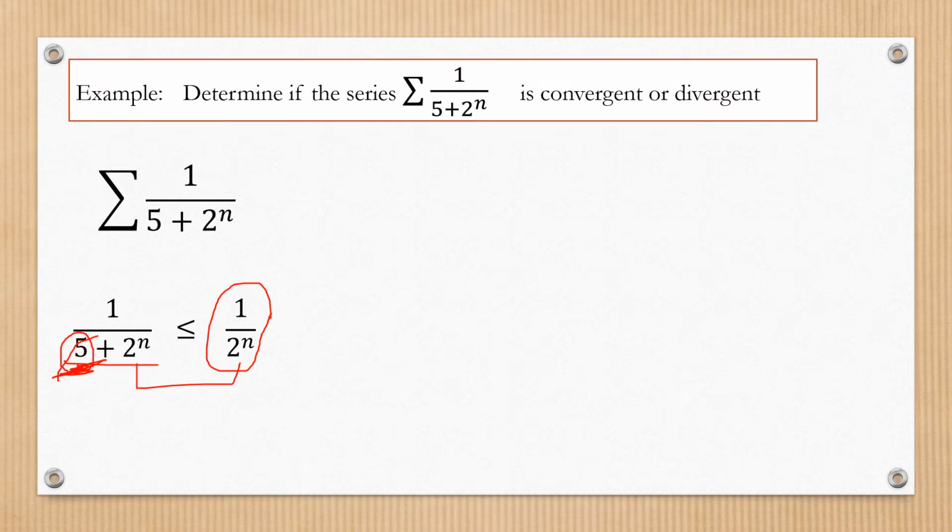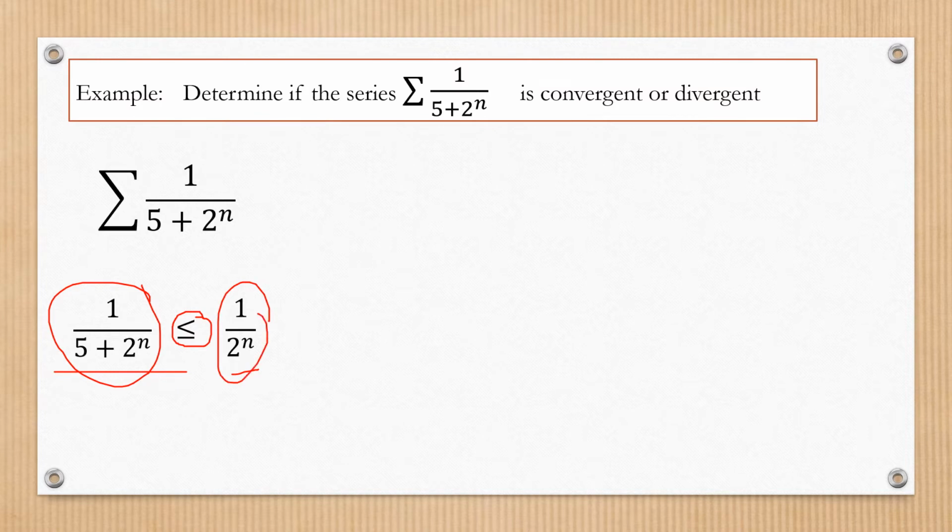So, the other sequence will be 1 over 2 raised to n. Now, let us determine if totoo nga that this one is less than 1 over 2 raised to n. Let's see. Now, we know that if the denominator is greater than the other denominator of the other fraction, then most definitely, itong fraction na ito is less than to this one.